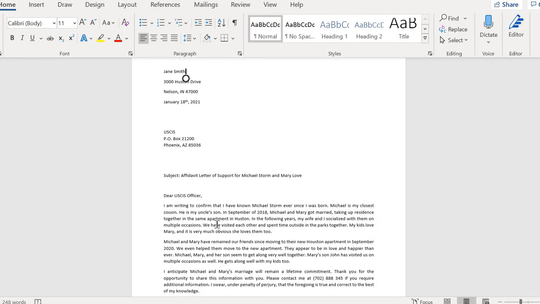What's really important is that this form includes the full name and surname of that person, full address, and the date of this affidavit, and it mentions the names of the persons for whom these affidavit letters of support are written.